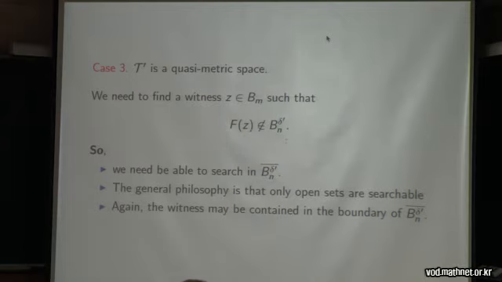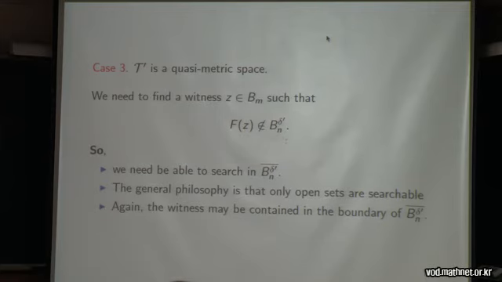So in the metric case, what we did is we looked for a smaller basic open set in here, and then we knew that this complement was in the exterior of this smaller basic open set.